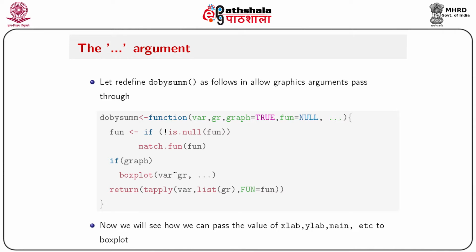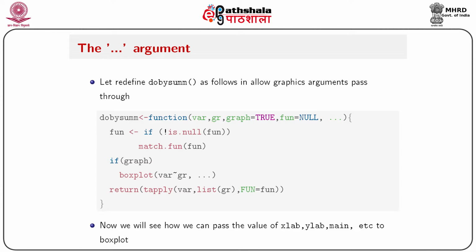Let's define a doBy sum as follows, to allow the graphics arguments to pass through. Say doBy sum equals function variable, then graph as is, as in the earlier definitions.